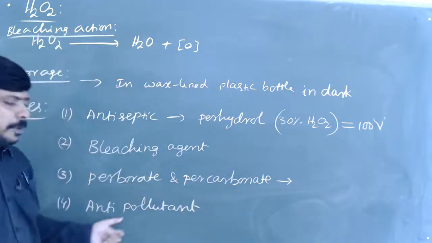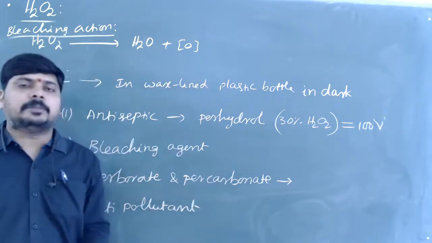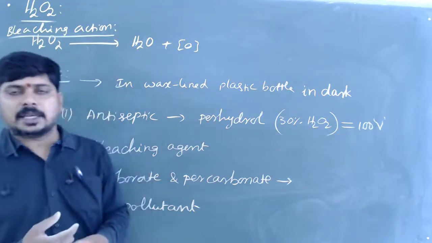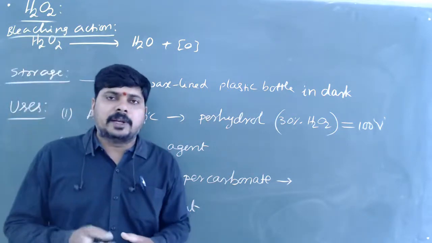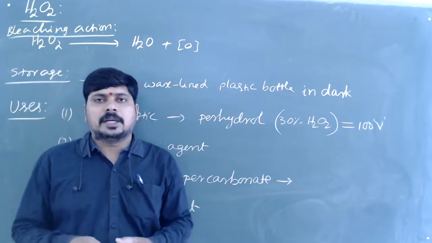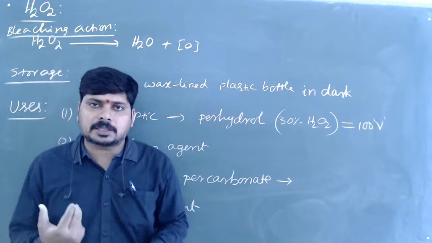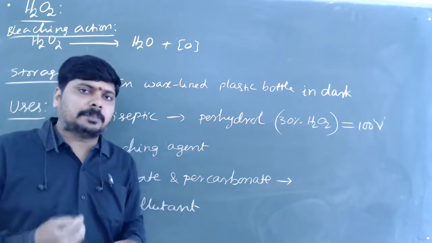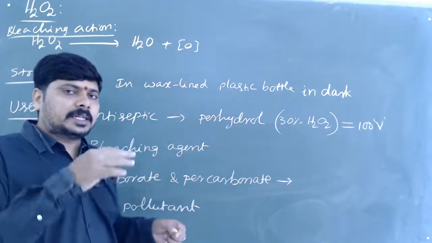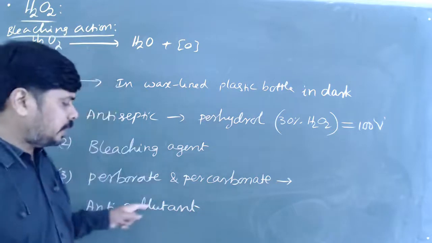That's why I am writing anti-pollutant here. What it means is that it is useful to decrease the effluents coming from industries, and the domestic wastes we get. All these are treated with hydrogen peroxide. Because of hydrogen peroxide, we can decrease the pollution. So that's why it is very important.